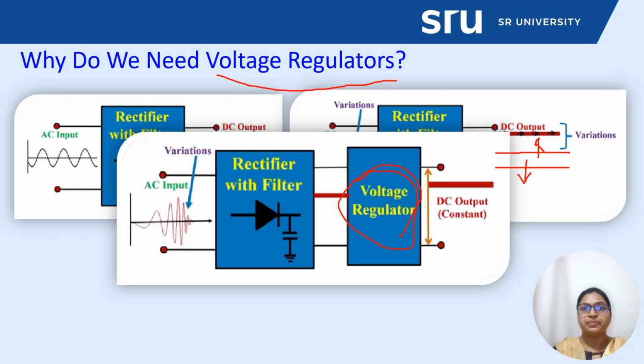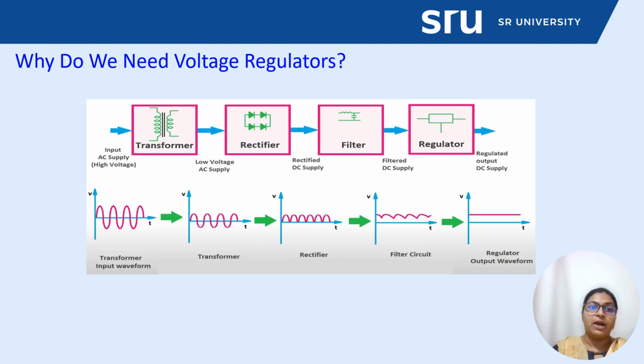So today we will cover the role of voltage regulators, and how they can be implemented using components like the Zener diode. Let us see why we need voltage regulation once more.